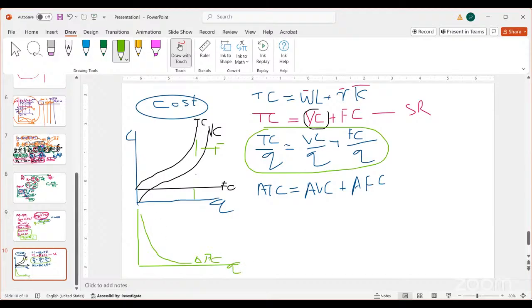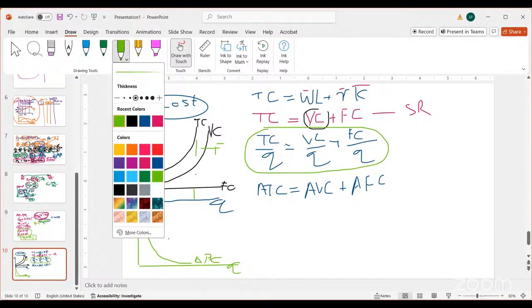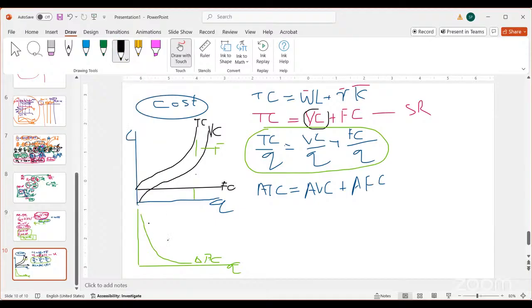And we have another component, average variable cost, and also the average total cost.